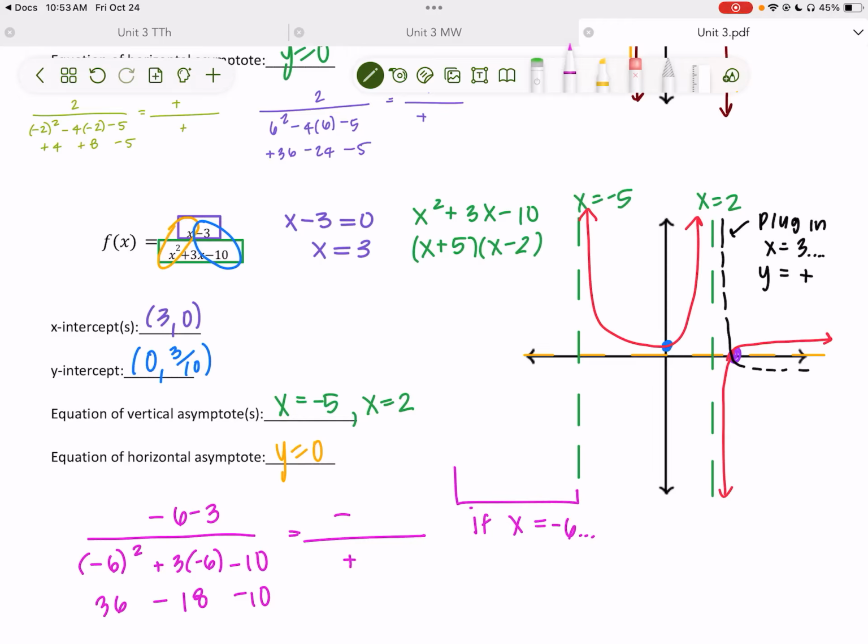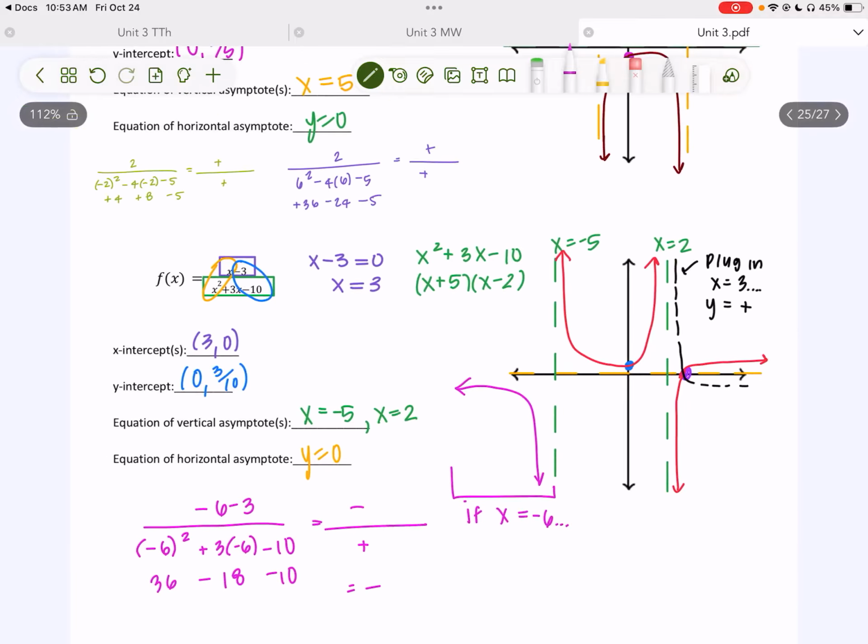And that should be positive, which means we are going to be negative. Okay. So that tells me that my curve is down here. Again, that is all you're going to need. Nothing else is required for that.